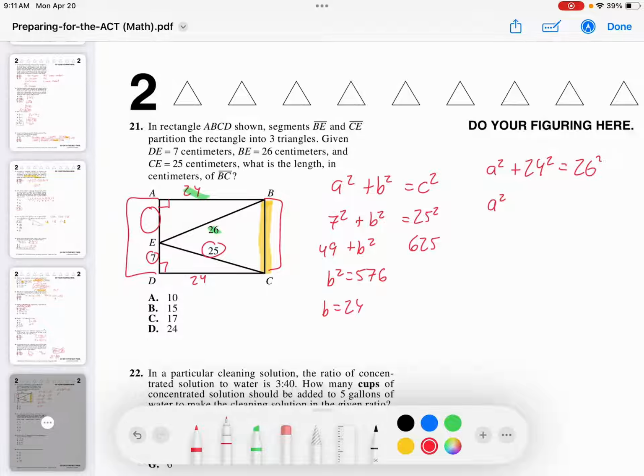So a squared plus 24 squared, which we just found was 576, and then 26 squared is 676. So if I subtract 576, that should give me a squared equals 100. And then a would have to be 10, because the square root of 100 is 10. And so if a equals 10, then this whole length would be 17, which would be the same as this length, so that should be 17.